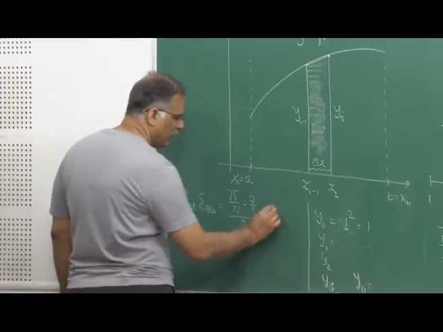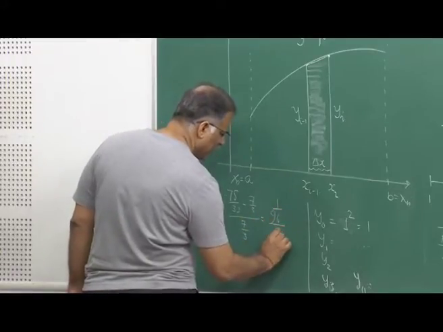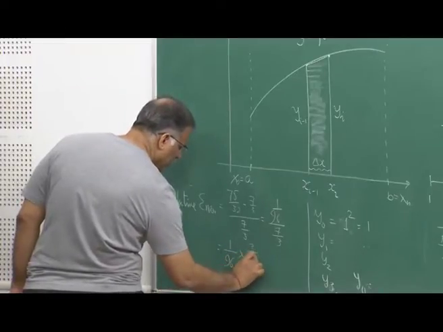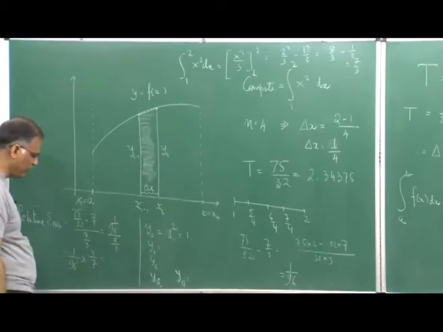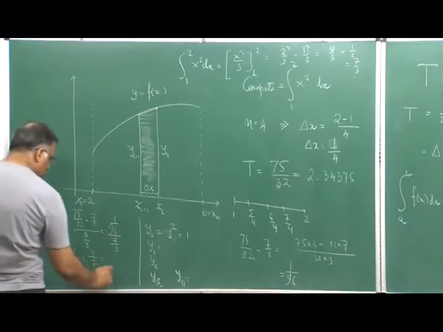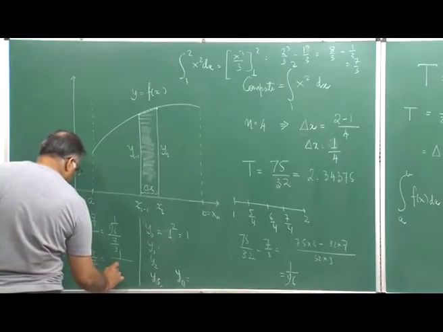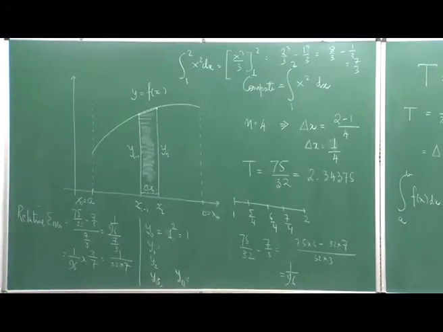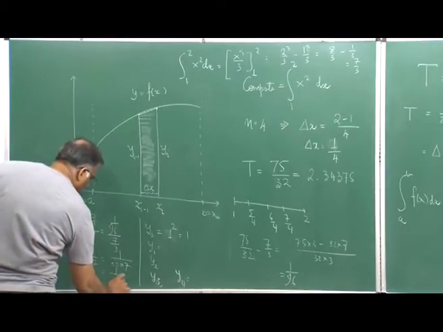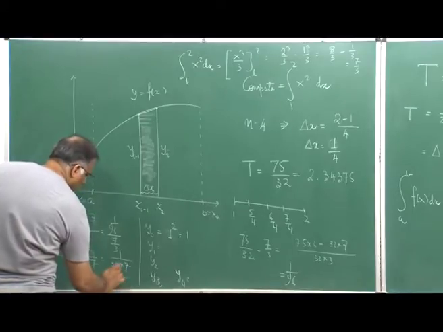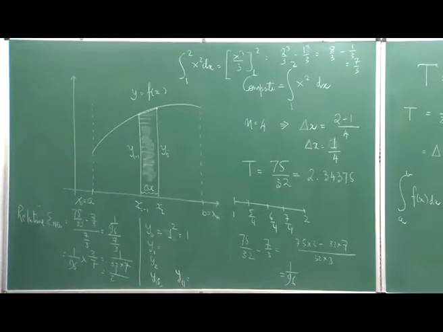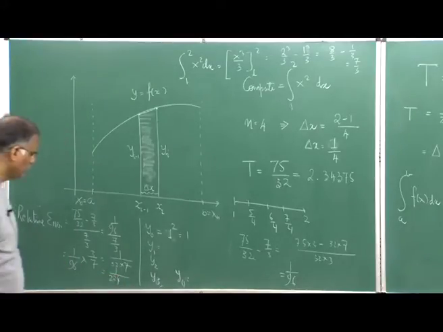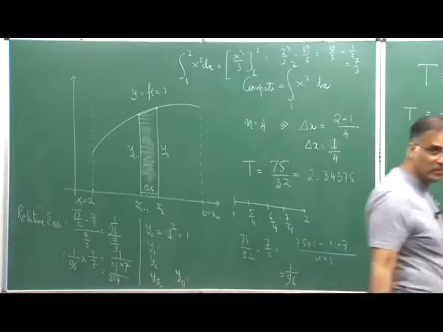So, it is equal to 1 by 96 divided by 7 by 3, which is nothing but 1 by 96 into 3 by 7, and that turns out to be, 3 I can cut, so 1 by 32 into 7, 1 upon 2 to the 4. So, relative error is 1 upon 2 to the 4, which is, you see, pretty small.